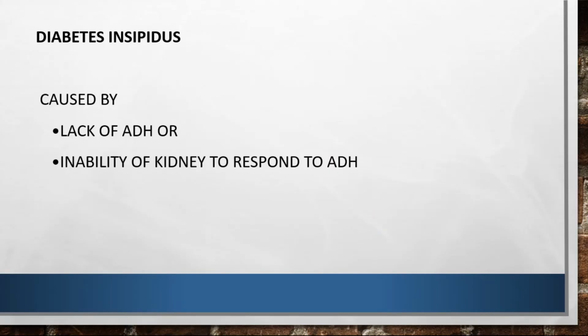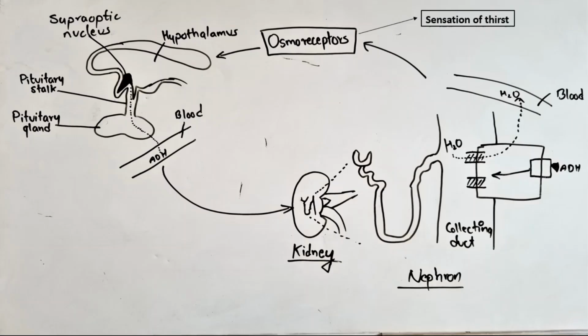Let's come to the pathology, which is diabetes insipidus. It is caused when there is lack of formation of the ADH or when there is inability of the kidney to respond to ADH. Now, when there is a defect in the supraoptic nucleus or a defect in any part of the pituitary stalk, or when the pituitary gland fails to release the ADH hormone into the blood, there will be lack of ADH in the blood, and that can lead to diabetes insipidus.